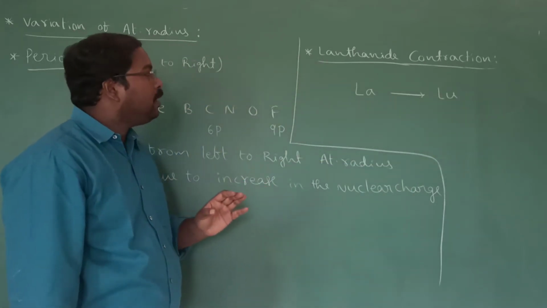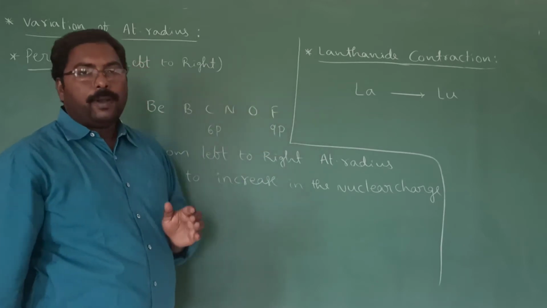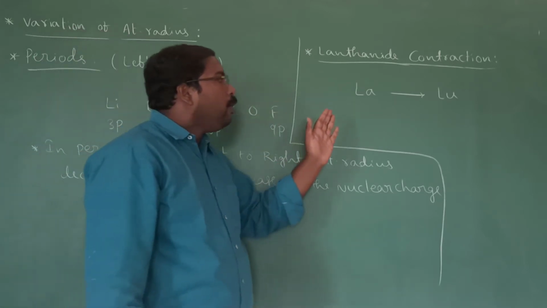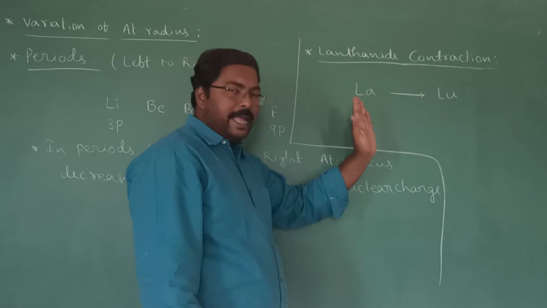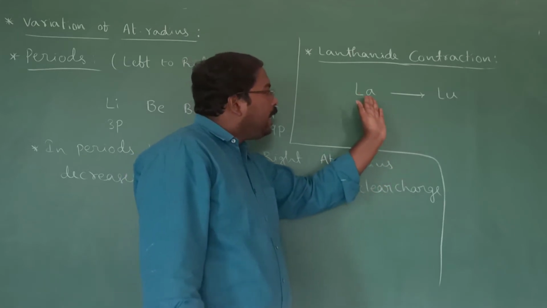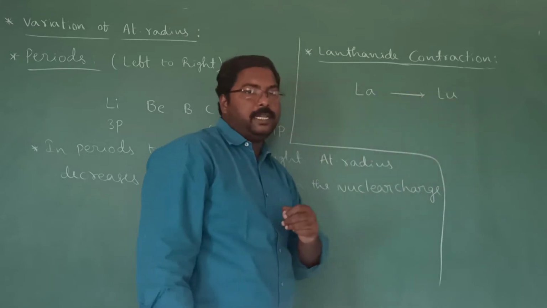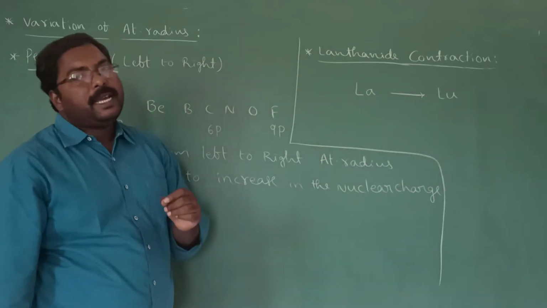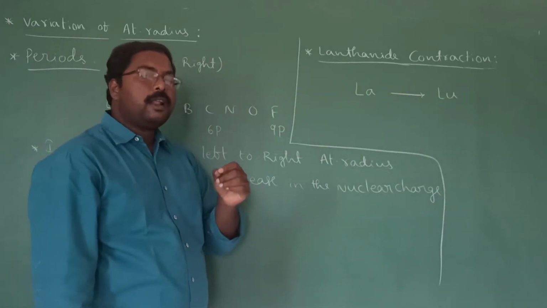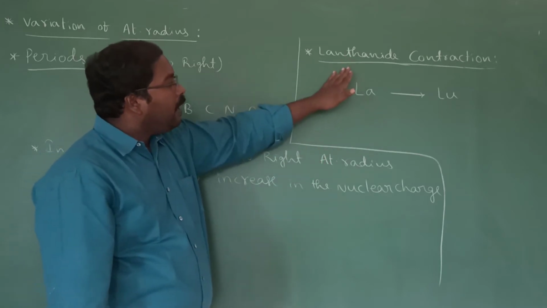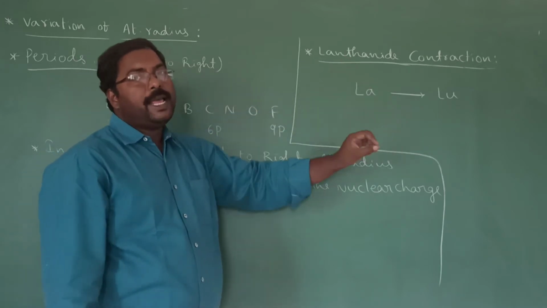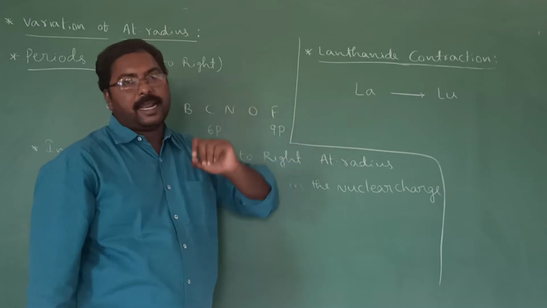We all know about that. In the case of lanthanoids, the atomic radius or the ionic radius decreases steadily from lanthanum to lutetium. That steady decrease in atomic radius or ionic radius of lanthanoids is known as lanthanoid contraction.